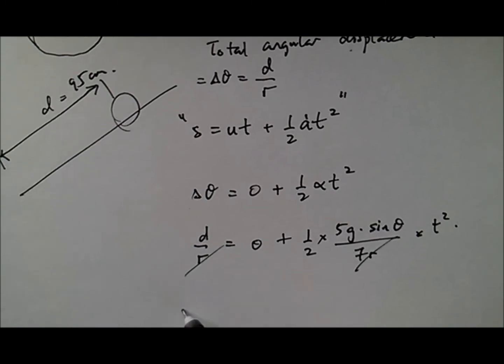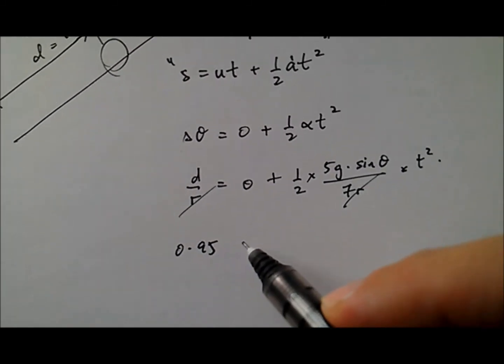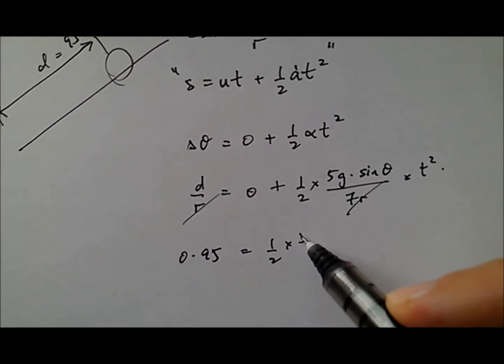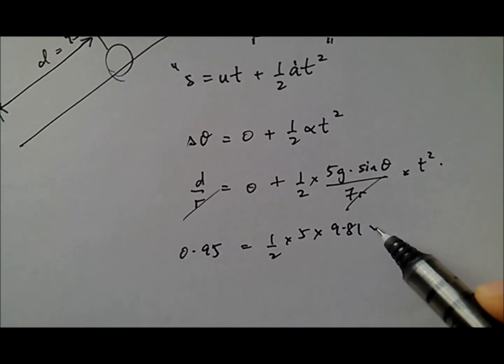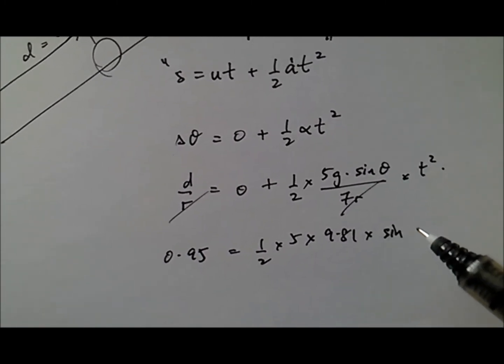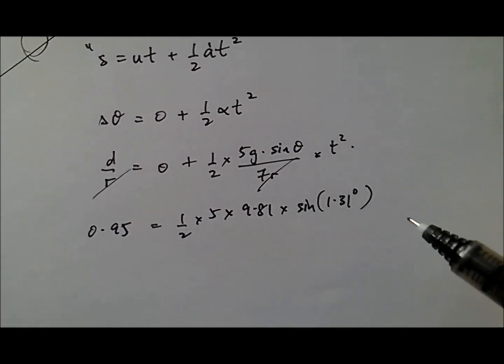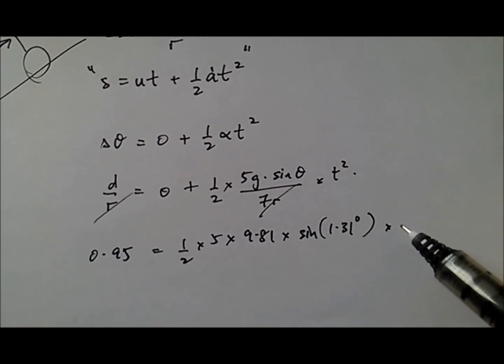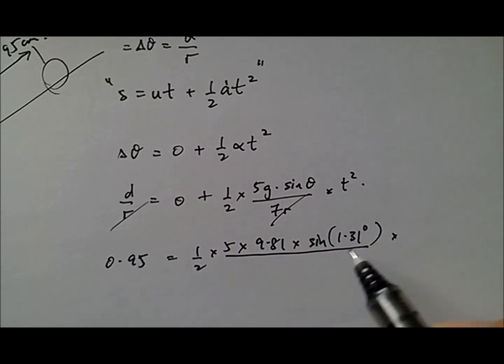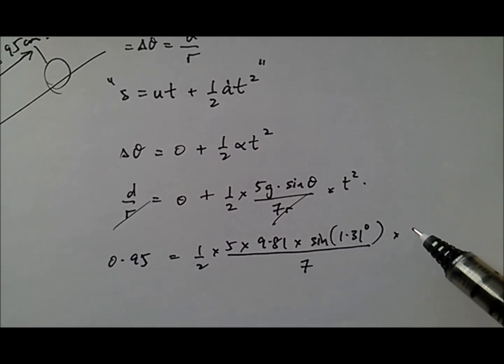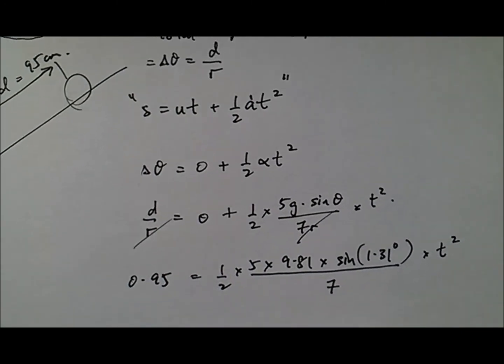So you are left with d, which is 95 centimeters, equals half times 5g, 9.81, times the sine of the angle of the slope, which is 1.31 degrees, upon 7, times t squared.